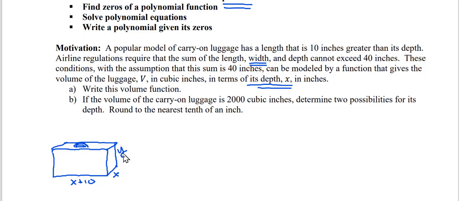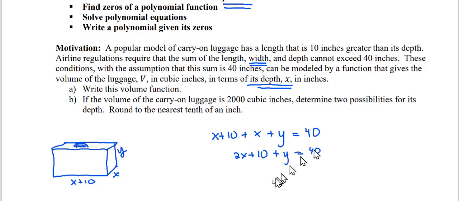The regulations require that the sum of the length, the width, and depth cannot exceed 40 inches. So let's say x plus 10 plus x plus y is equal to 40 inches. That means 2x plus 10 plus y equals 40.